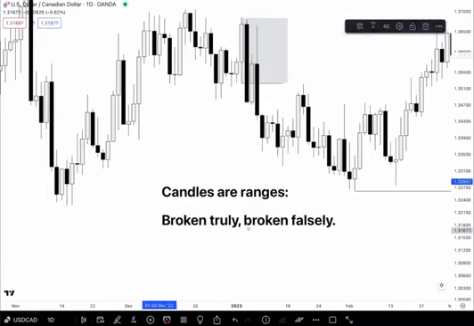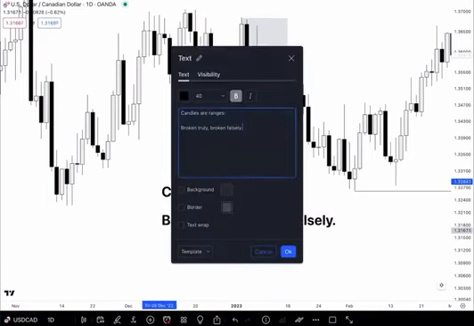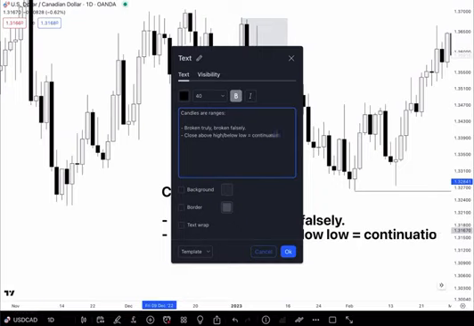When we close above or below a high, close above a high or below a low, equals continuation. All right? When we wick, but we don't close, equals reversal or retracement.